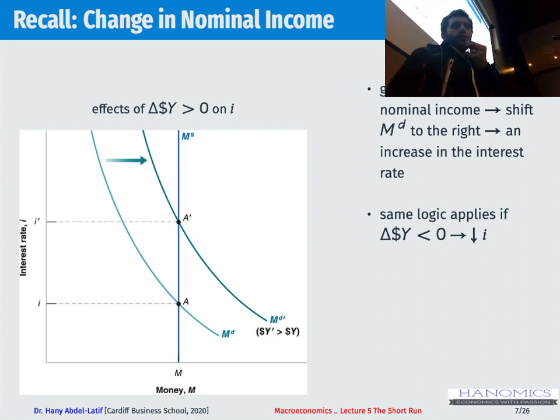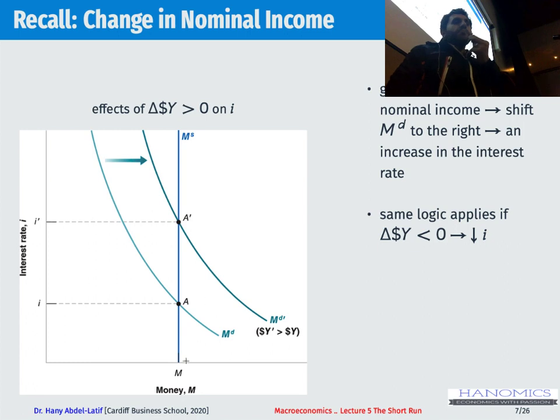So what we have here is a change in income, which caused a shift in the demand. So nominal income has increased from Y to Y prime. So the demand for money curve has shifted to the right.